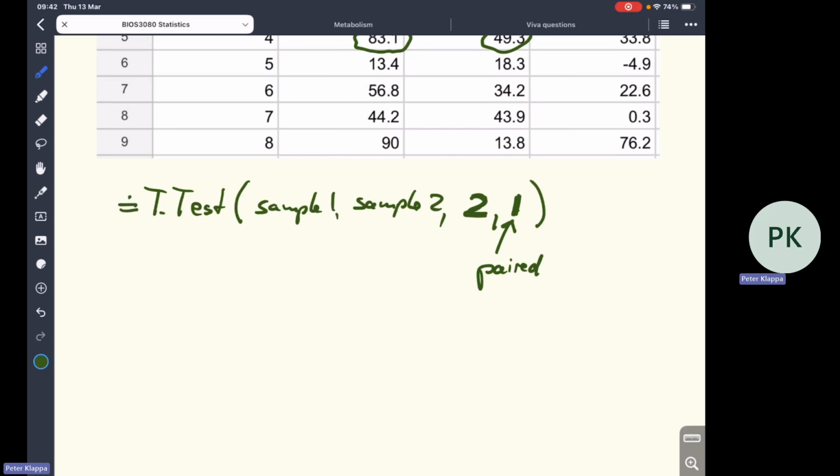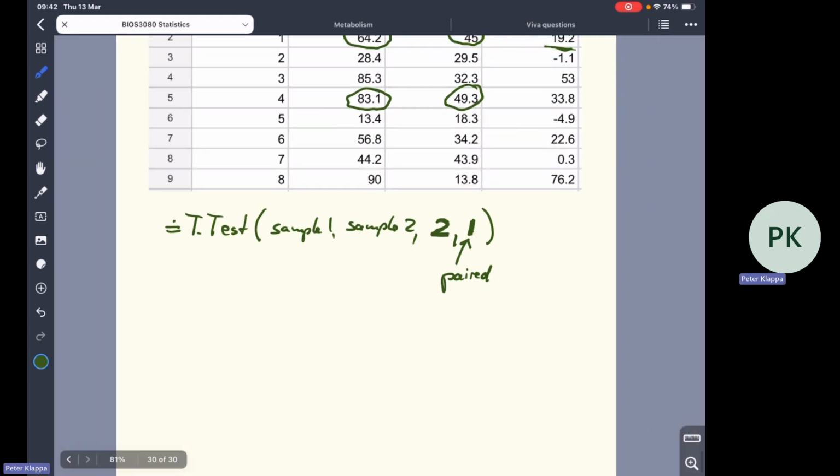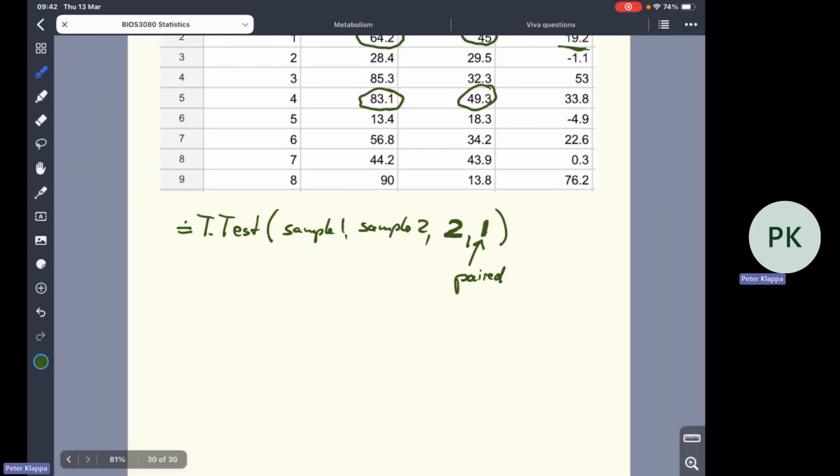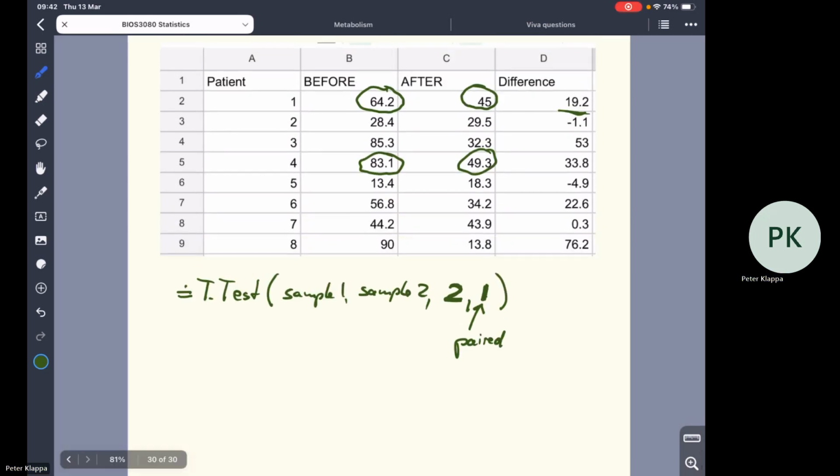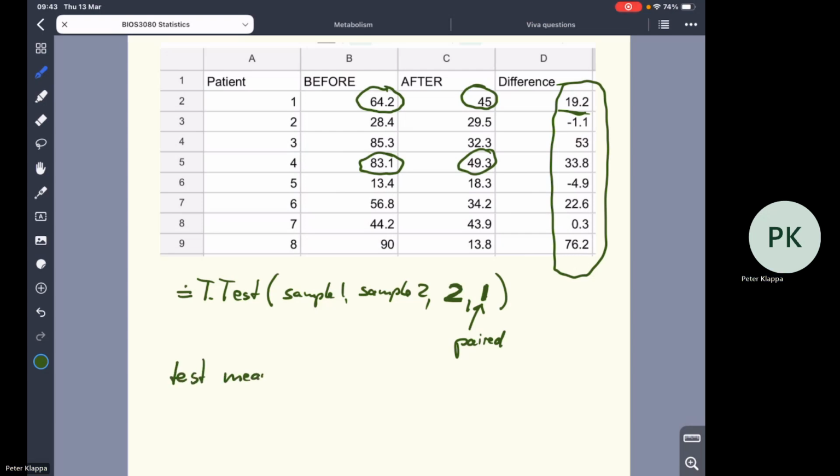What does it do? Actually, what it does, and that's why the number 1 is there, it converts this to saying, we've got the difference here. So test the difference. We basically test the mean of the differences. So we calculate the mean here.